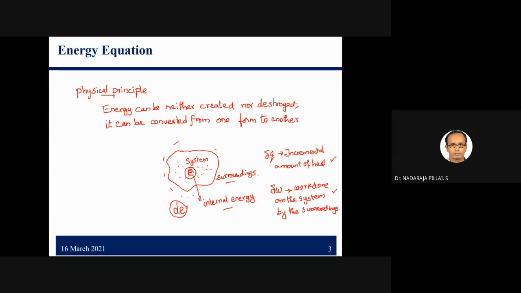If energy is conserved, then we can write that dE, the change in internal energy, is because of the change in heat plus the change in work done, right?